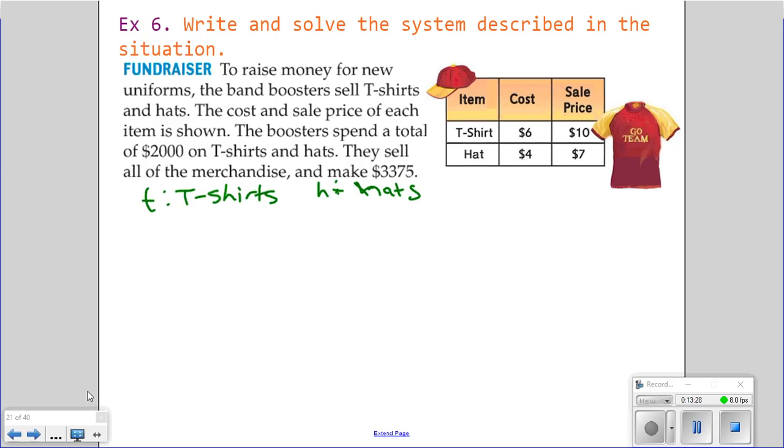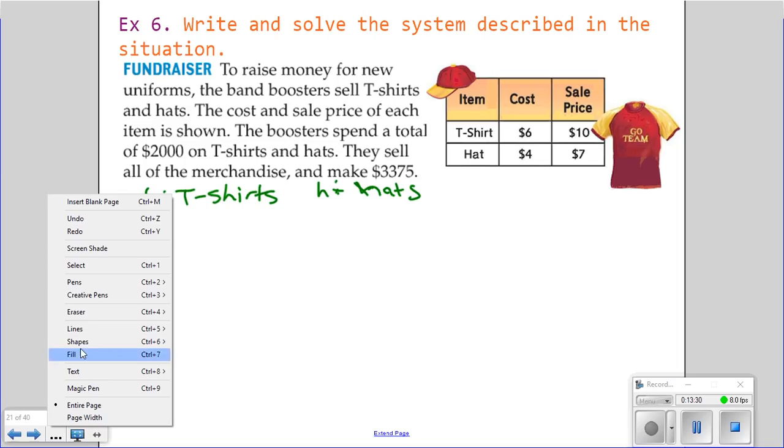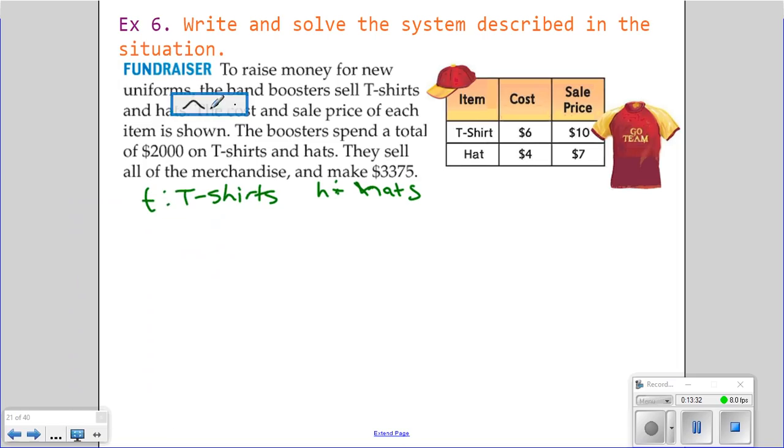So that means we would take 6 times T plus 4 times H, and that would equal 2,000. That was the original cost that they had to pay to buy the merchandise.